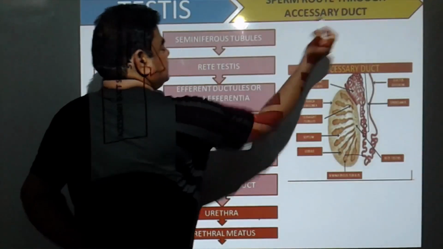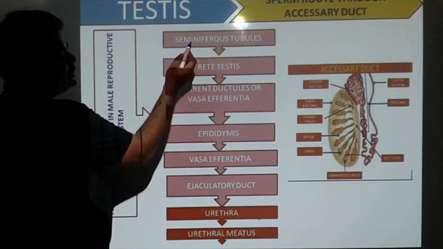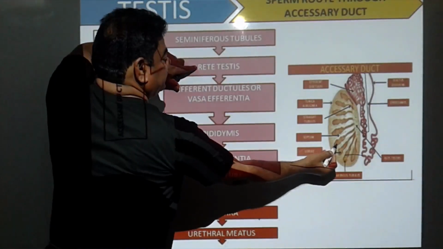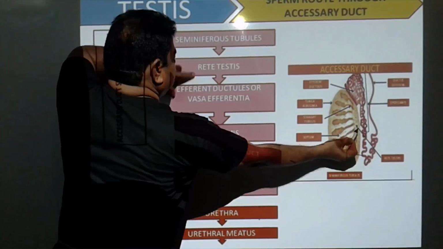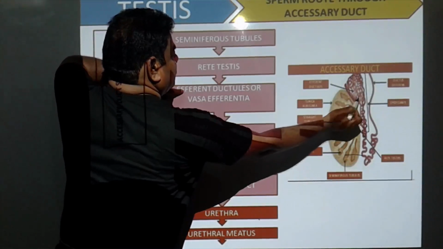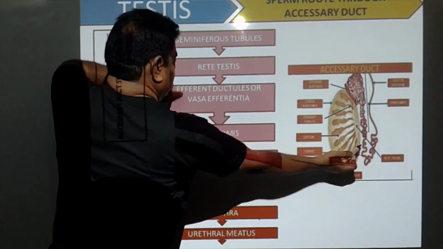Now see how the sperm are released, or what is the route? Sperm route through the accessory ducts. The seminiferous tubules, here they form. Then from the seminiferous tubules they come into the rete testis. From the rete testis they come into the vasa efferentia. From the vasa efferentia they come into the epididymis.